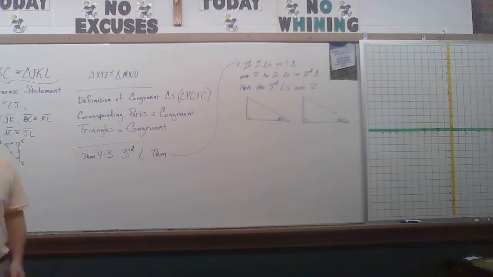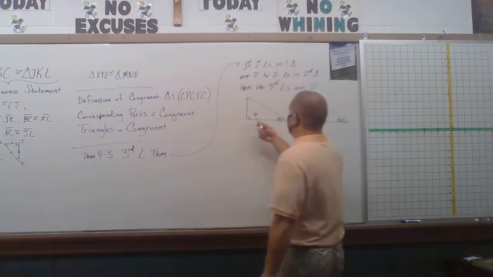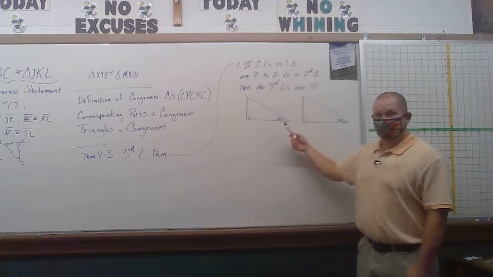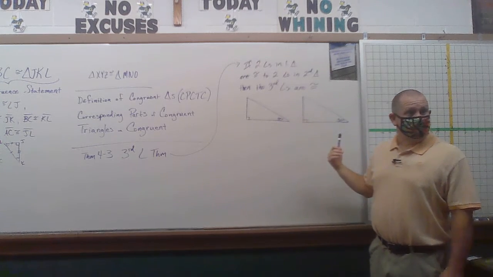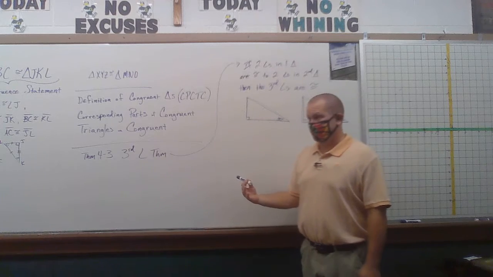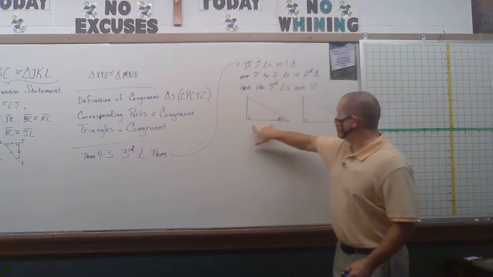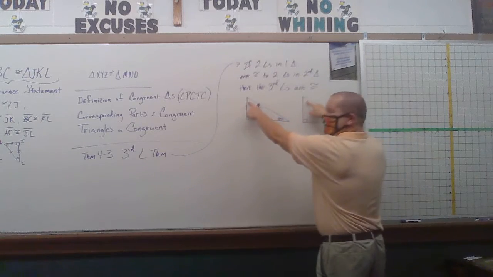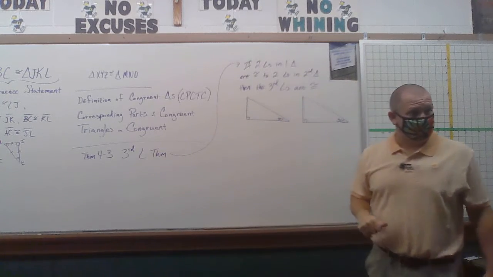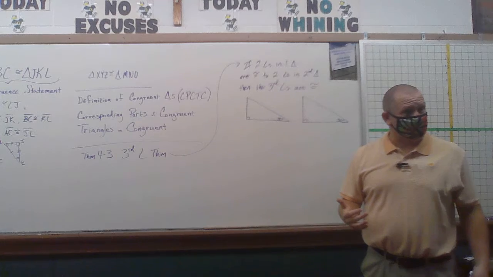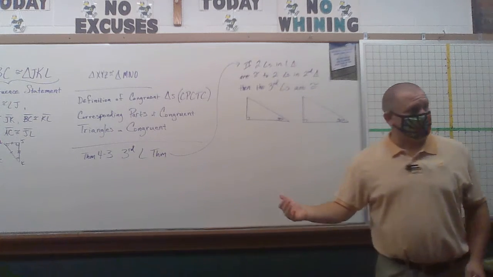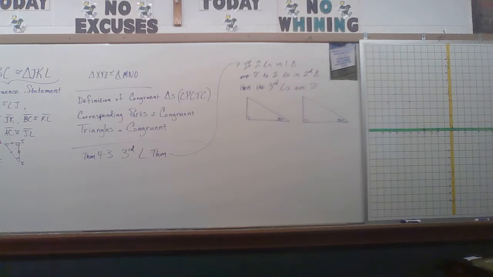Is there any way possible that this angle right here cannot be congruent to this angle right here if those two things are congruent? That's what that theorem says. If I have two angles in one triangle that are congruent to two angles in the other triangle, the other angles have to be congruent. And hopefully that's pretty self-explanatory. But they're going to try to trick you. So be really careful in your assignment today.